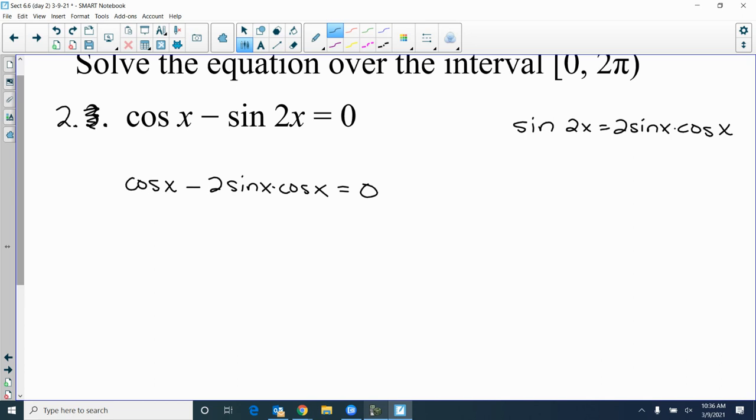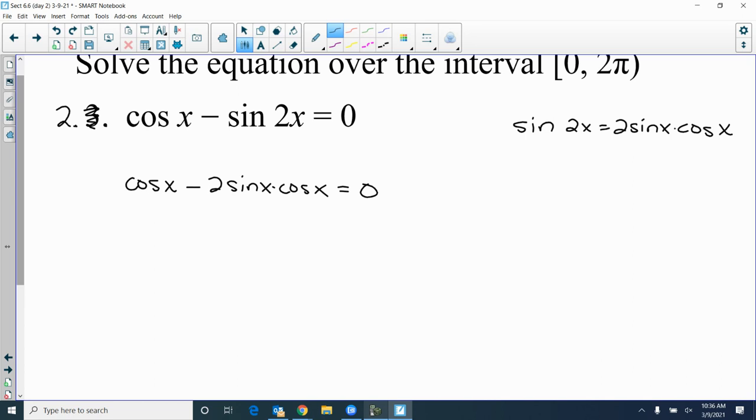Okay, one thing you don't want to do is divide by a cosine, because what that does is eliminate potential answers. That'll give you like half the answers. So there's something we do instead of dividing. Okay, Adam? Factor it out. So when you see that situation, you think, hey, if I divide by this, it'll reduce it.